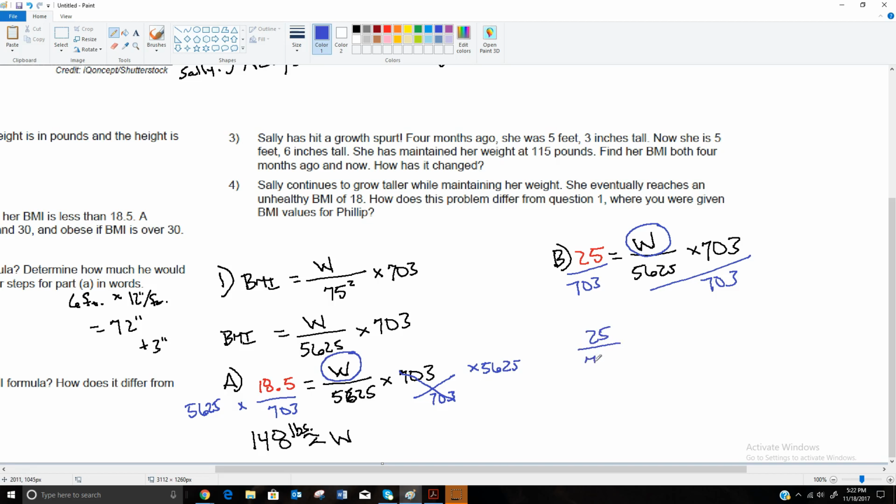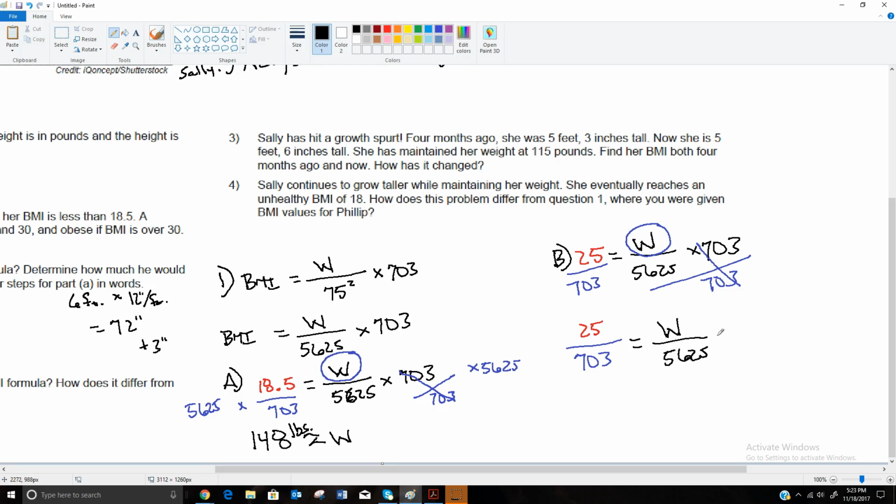And we have 25 over 703 equals weight over 5625. Let's try to color code it the same way so you can follow more easily. So let's leave that 25 as red. So 25 divided by 703. This is canceled, and we only have on this side now weight divided by 5625.